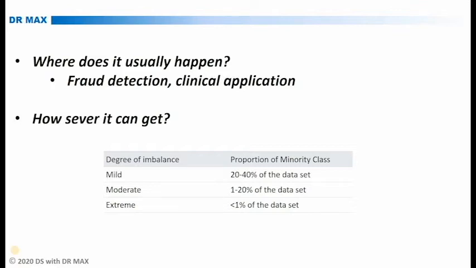Also, we have clinical applications. As an example, a data scientist is trying to predict the heart attack event after a patient's discharge from the hospital. Looking at the population of the discharged patients, we have between 1 to 10% of heart attack events among those patients.